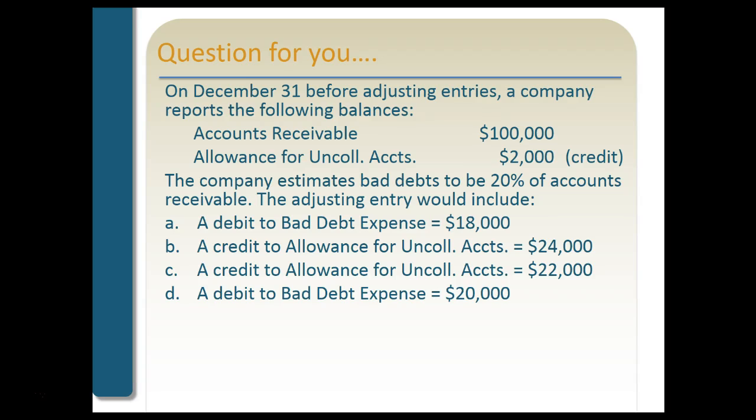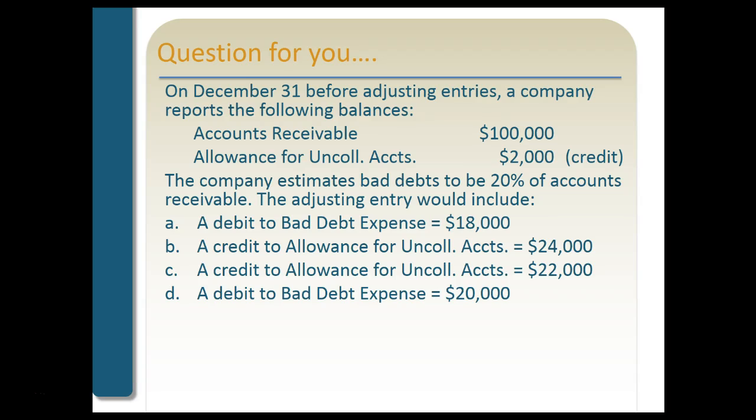Here's another one. On December 31st, before adjusting entries, a company reports the following balances: accounts receivable, $100,000, and an allowance for uncollectible accounts, a $2,000 credit. The company estimates bad debts to be 20% of accounts receivable.